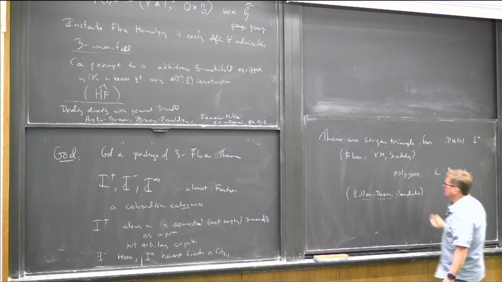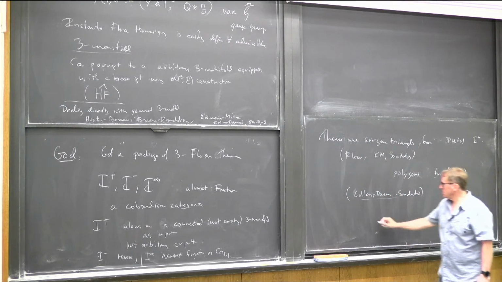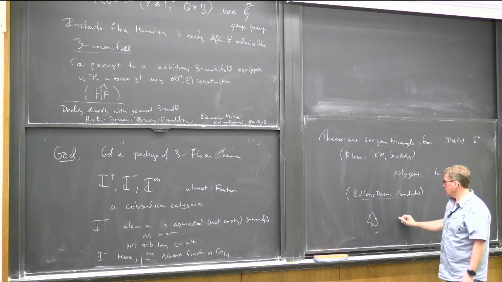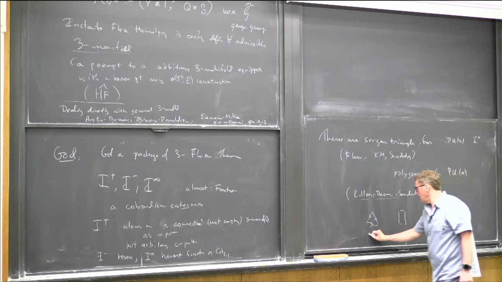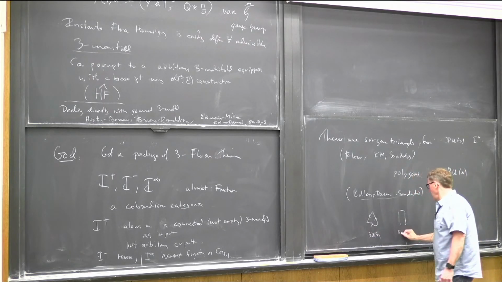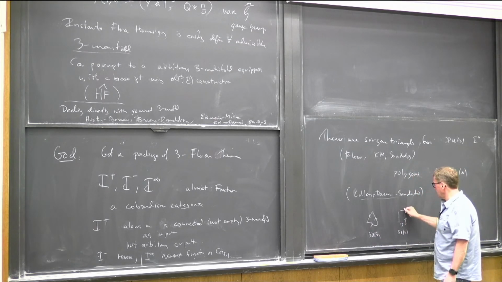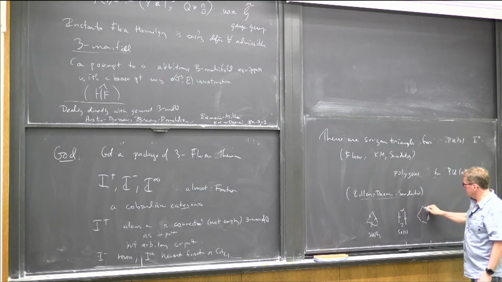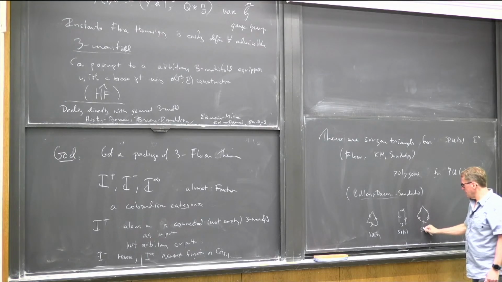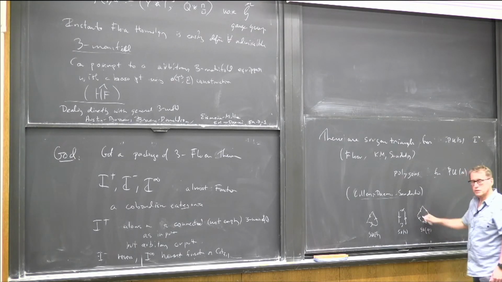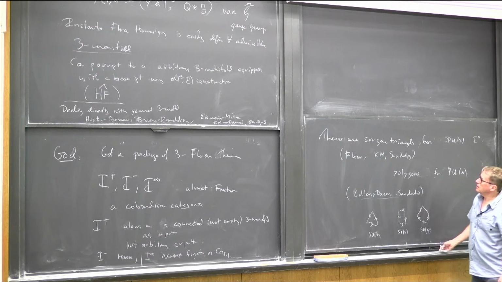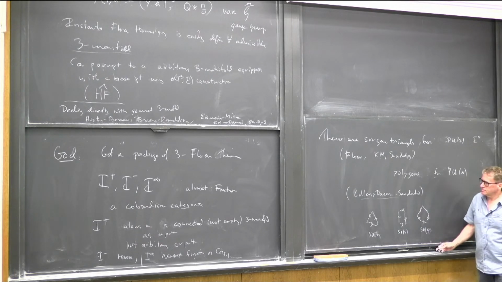That's quite pretty. So for SU2, there's a surgery triangle. For SU3, there's a kind of surgery square. For SU4, there's a surgery pentagon, etc.